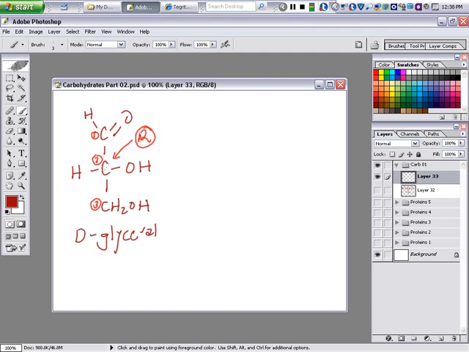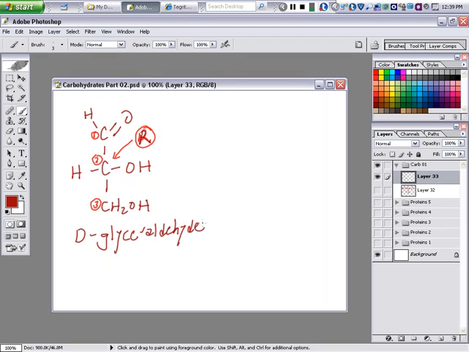Does that look like an R or an S? And so D-glyceraldehyde, because it only has one chiral center, is the same as R-glyceraldehyde.